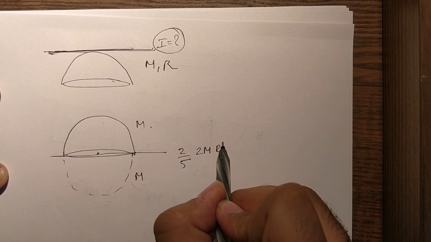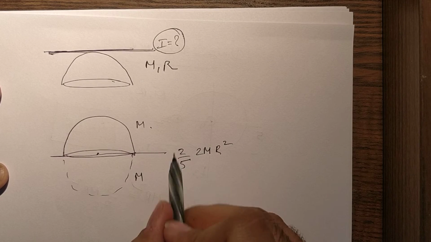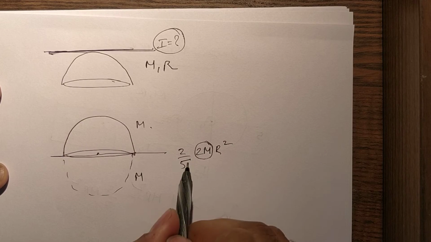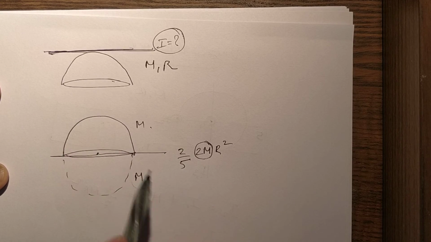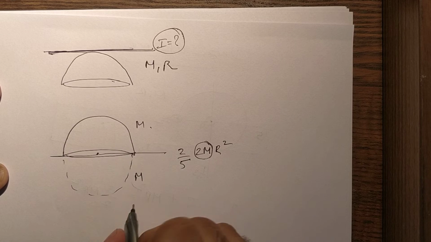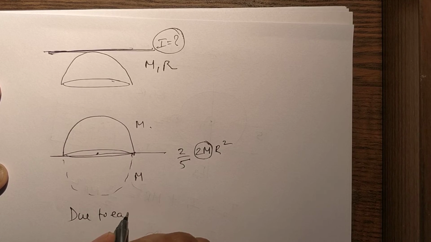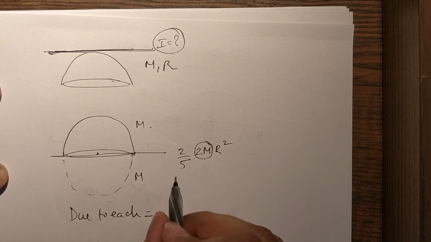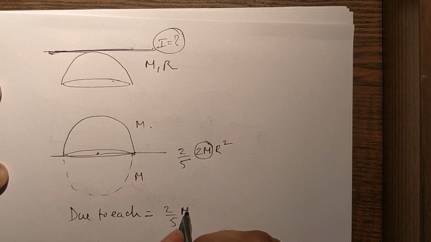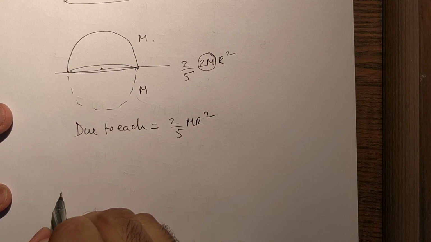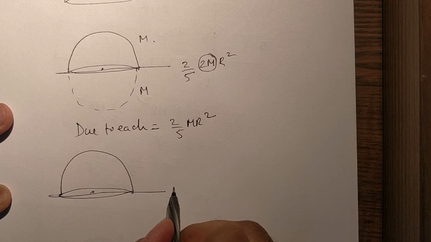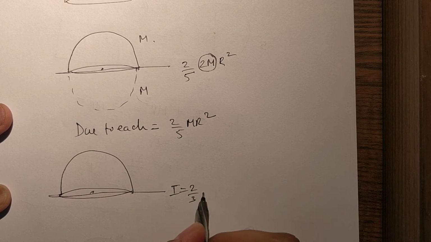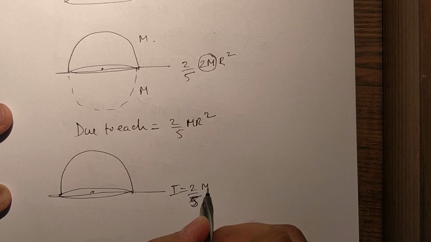So 2 by 5 total mass, which is 2m r square. Now the contribution of each will be half, so due to each, its value will be half of it, which is 2 by 5 mr square. So about this axis I know the moment of inertia is 2 by 5 mr square.